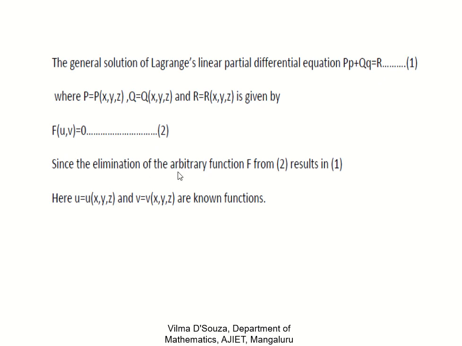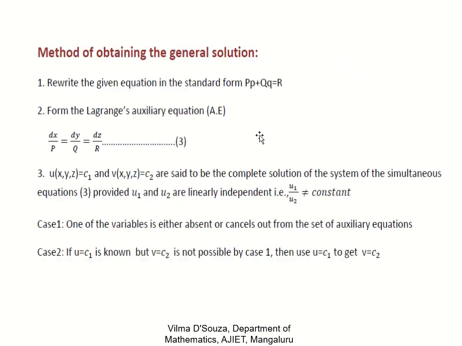Since the elimination of arbitrary function f from this leads to the Lagrange's linear partial differential equation. Now, how to find the solution of this Lagrange's linear PDE Pp plus Qq is equal to R? We'll just go through the method, then I'll explain with an example.